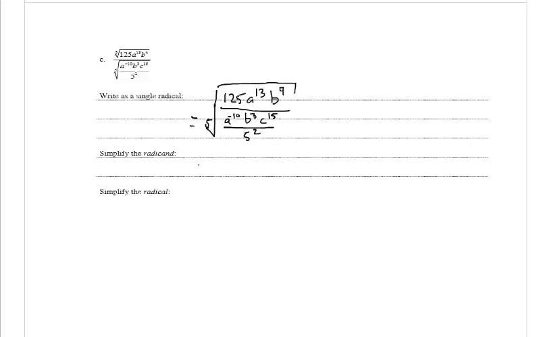And now we want to simplify the radicand, so we can rewrite this as the fifth root of, now in the numerator we're going to have everything that's in the numerator, and then the 5 squared is all going in the numerator.